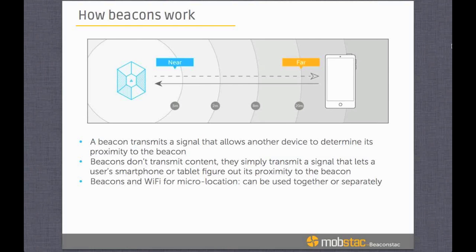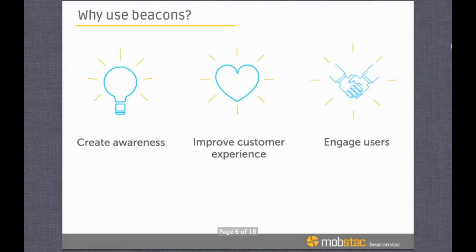Now, there have been many applications before beacons that have tried to determine location at a micro level using other technologies. Wi-Fi has been used in numerous cases for determining your position within a building using what is known as Wi-Fi triangulation. What's interesting is that beacons really augment what you can do with indoor location or micro location using Wi-Fi.